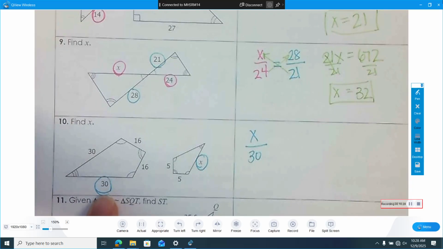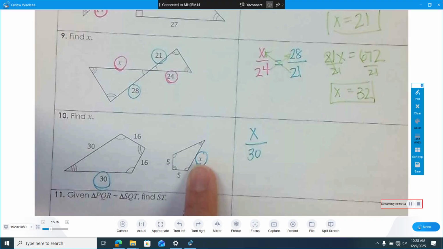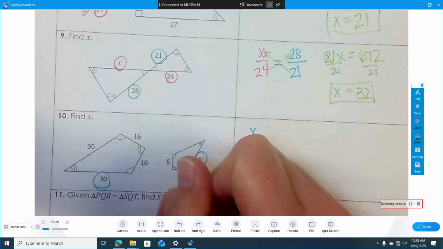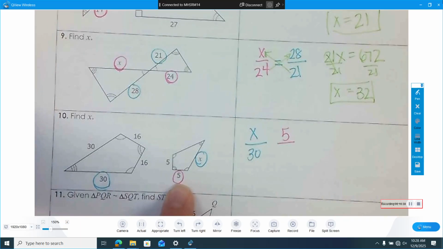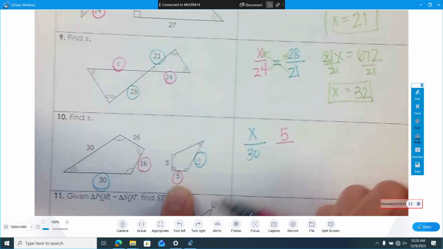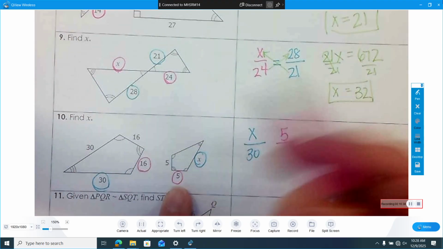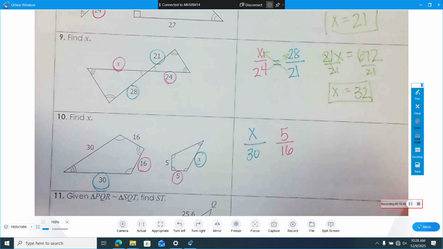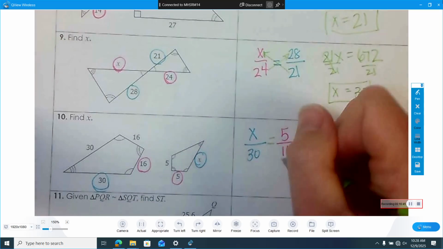All right, and then, let's see, I started over here with my right side figure. So I guess I'll pick a 5. What does 5 correspond with? 16, yeah, and again, we have two options here. Either one wouldn't matter. But we have the single and the double mark. And so there we go, there's our setup, and we can cross multiply to solve.